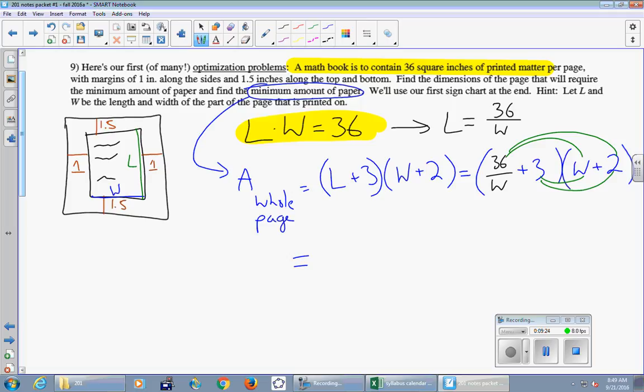First times first is 36 plus outers, 72 over W is good, right? Just multiplying the outers. Inners is a plus 3W. And then the last is a plus 6. Okay, there's our FOIL. And then, let's just combine the 36 and the 6. So 42 plus, and then I'm copying everything else.